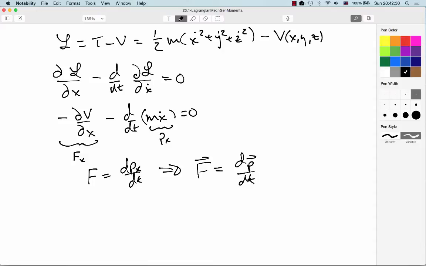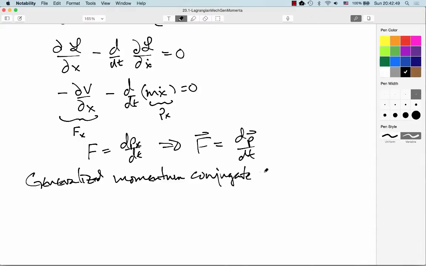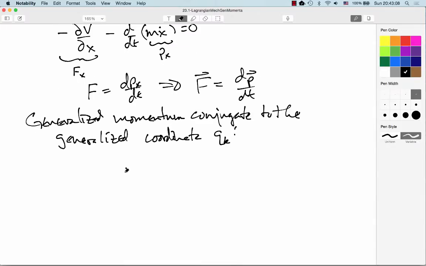We can just say that the generalized, it's a mouthful, that's how we officially say it, the generalized momentum conjugate to the generalized coordinate, say q sub k, we'll define that generalized momentum p_k to be partial L partial q_k dot. All right.